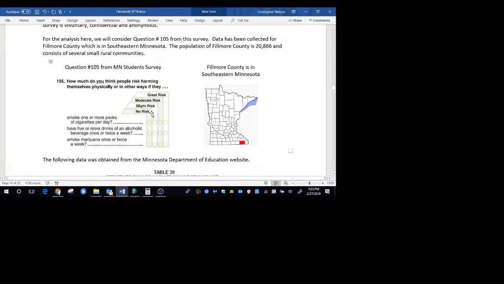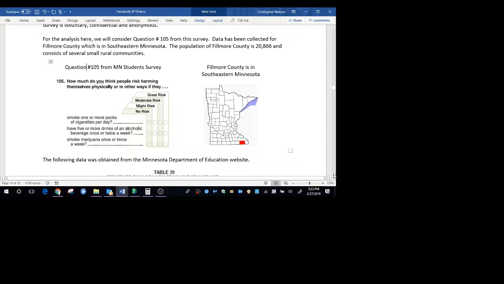Okay, so this question is about risk. And again, I'm going to be working with how much do you think people risk harming themselves physically or in other ways if they smoke marijuana once or twice per week. The students are asked to select either great risk, moderate risk, slight risk, or no risk.